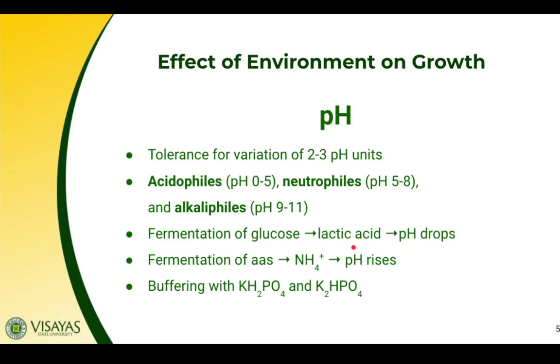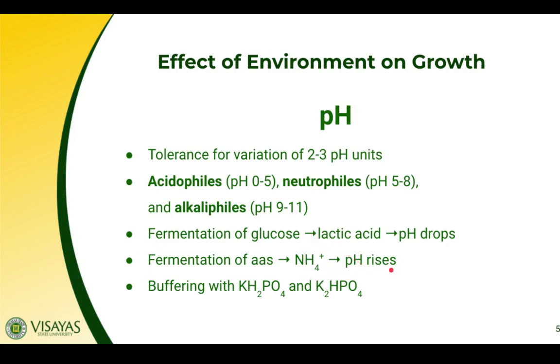For example, there are those that ferment glucose and produce lactic acid. In this case, the pH will drop, so the cell will become acidic. In some cases, some microorganisms could ferment amino acids, producing ammonia, and so the pH will rise because this is a basic substance.